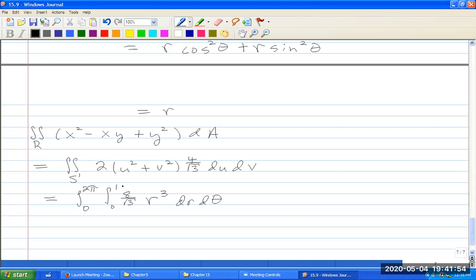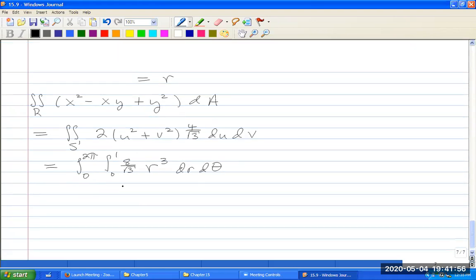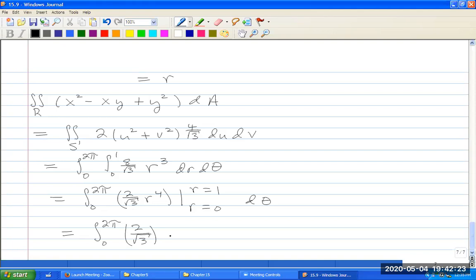Okay, so let's integrate this. So this is the integral from 0 to 2 pi of 1/4, so that's 2 over rad 3 r to the 4th from r equaling 0 to r equaling 1. And so this is equal to the integral from 0 to 2 pi of 2 over rad 3 d theta.